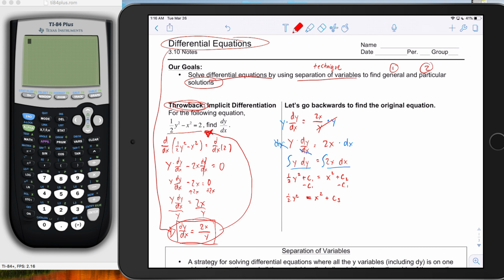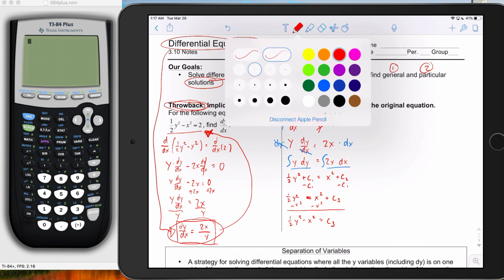And there you go. We have an equation that looks pretty similar to where we started. Maybe we can rearrange a little bit, so let me subtract the x squared to make it look very similar. So we get 1/2 y squared minus x squared equals c3.